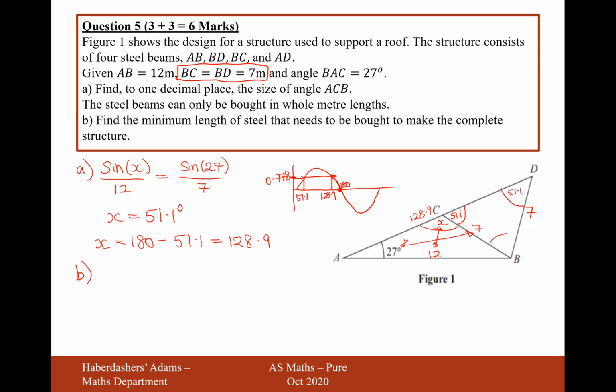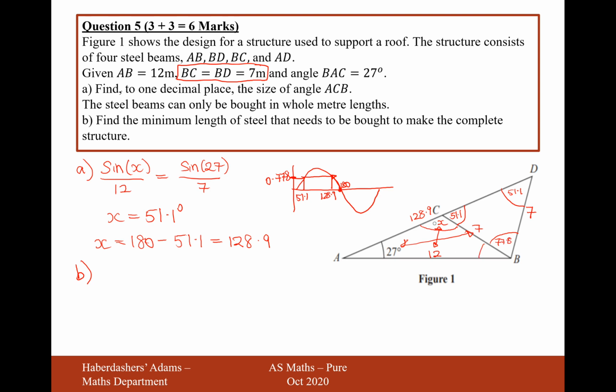And this angle here is going to be 180 minus those two angles. So if we type in 180 minus 2 lots of 51.1, that's going to give us 77.8. So that angle there would be 77.8.